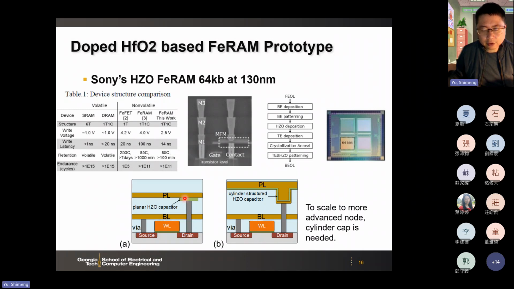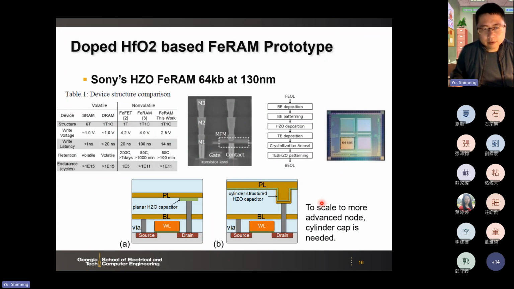Then you get less charge to read out, which means the sense margin is lower. So to maintain the amount of charge, you have to make this 3D structure, so you still have a large surface area. This is similar to today's DRAM. If you look at today's DRAM, you have the cylinder-like capacitor. So this is a possible scaling path for Sony's FeRAM.